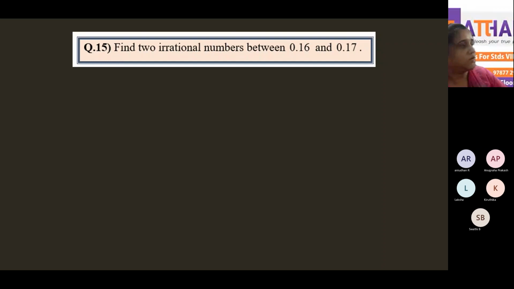Irrational numbers means what? Non-terminating, non-repeating. Okay. So it should be between 0.16 and 0.17. So difficult. 16, 17. So add a 0, add a 0. 160, 170. Because 16, 17, what is it between? It's so difficult, no? So add 1 0. Take 3 digits. 160, 170.